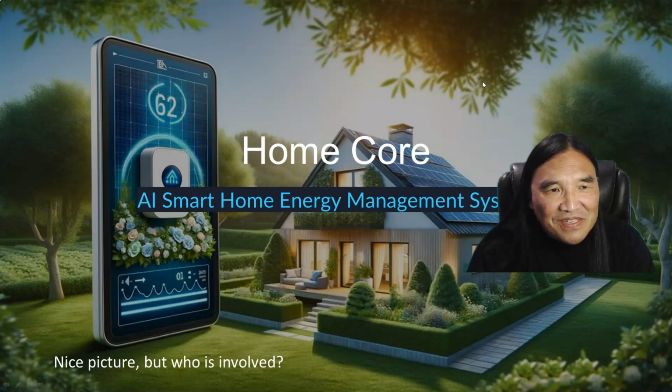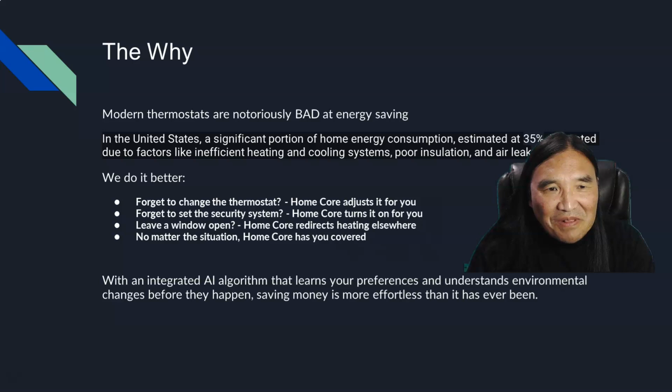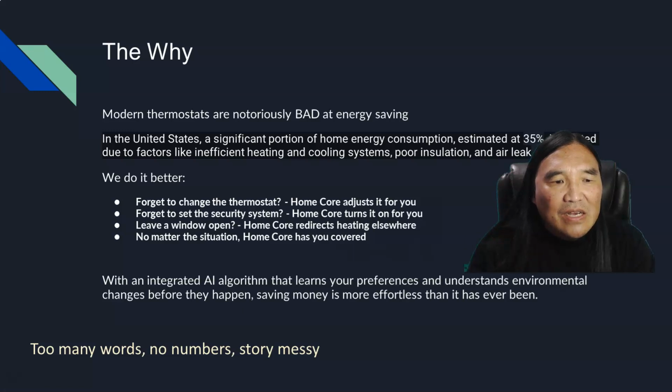So there's no personalization. Let's look at what's wrong with this slide. Remember 5 primary words. They basically have one primary word here, why. Too many words, no numbers, the story's messy, and what do they have here? Bullet points.